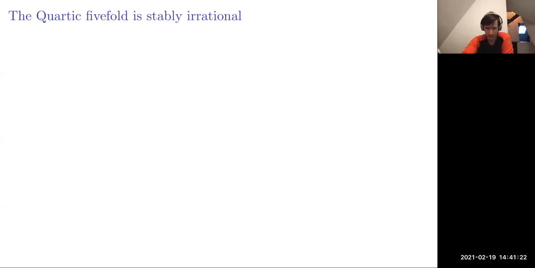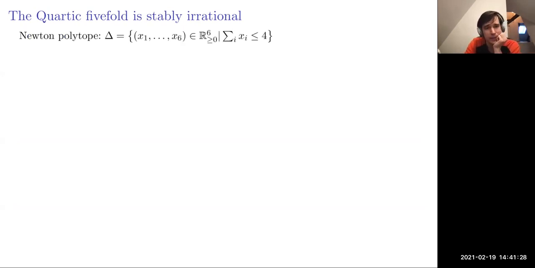So here's the proof why the quartic fivefold is stably rational. We take the standard simplex, well, it's scaled, I guess. So this is the Newton polytope of a general quartic fivefold.